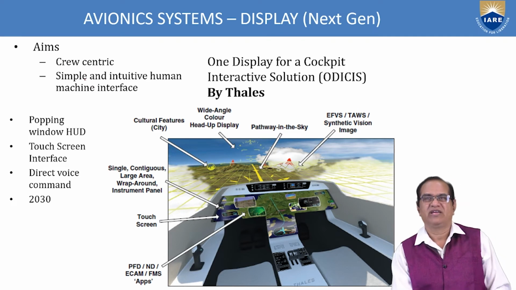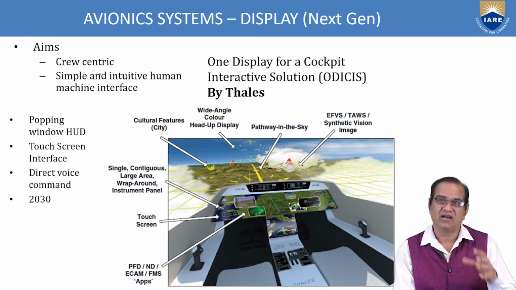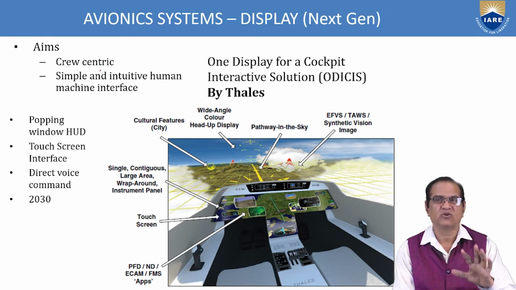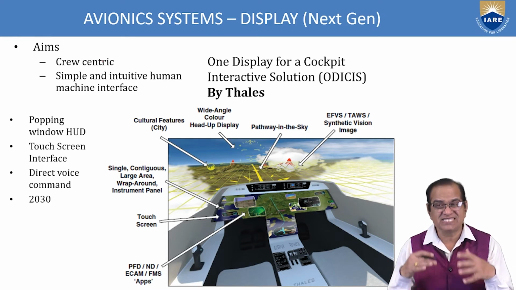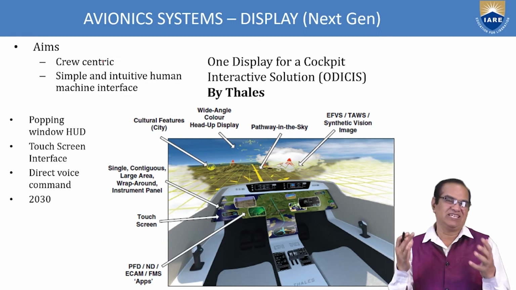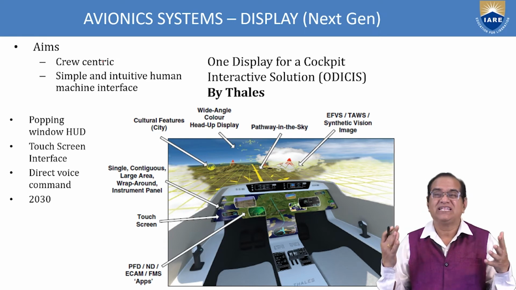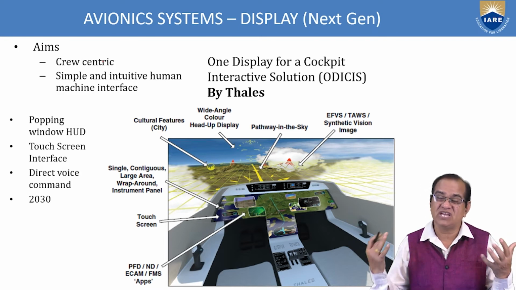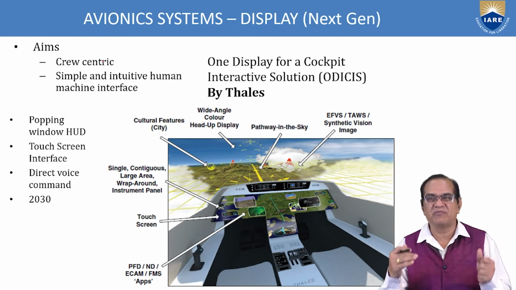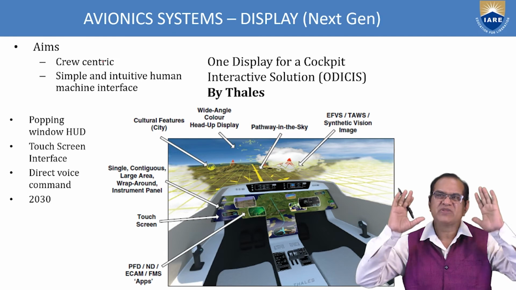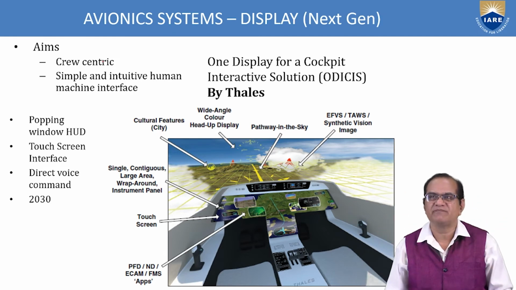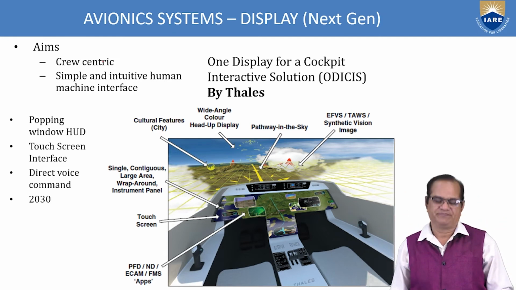It is crew centric, meaning the pilot or any other crew, depending upon their thinking, how much comfort they should have, so that they can concentrate on safety issues, not only this operation and this visual. Everything will be visible on their screen.